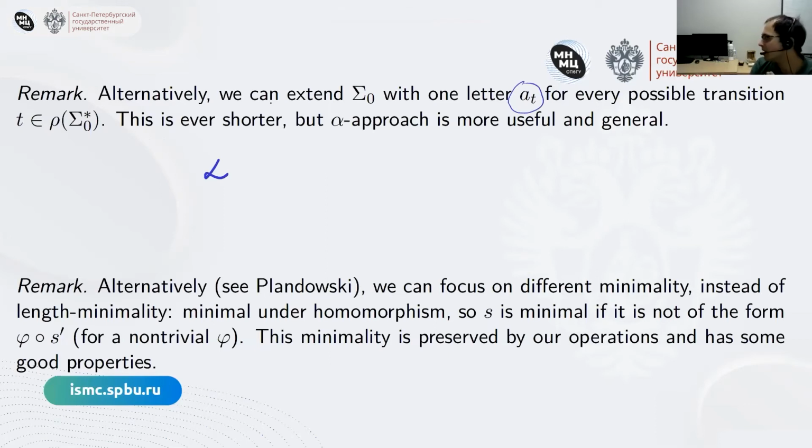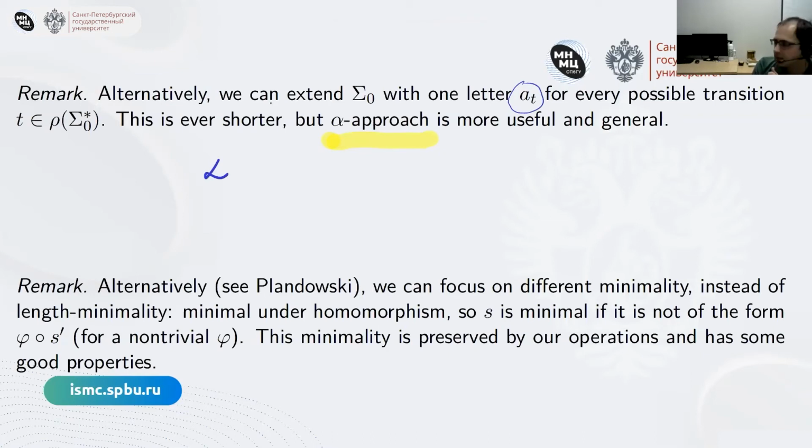Then when we pop the letters, we could also pop those fake letters to simulate some longer substrings, and if something doesn't appear in the substitution, then we could substitute it by one of those new letters. There are some problems there, but all those details could be worked out. But this approach with alpha is actually more useful later on. It's useful also in some other cases, so it's better to introduce it.